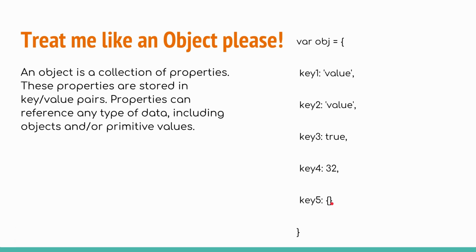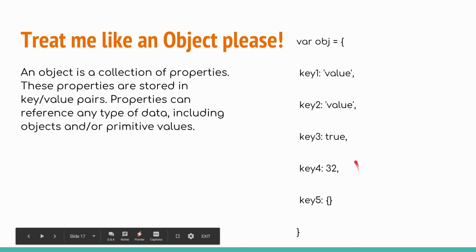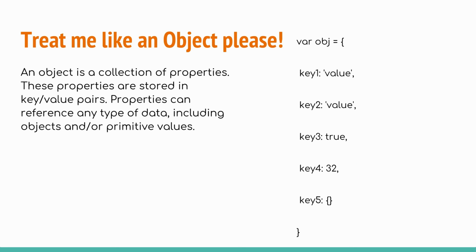Now these keys are separated with the help of commas. You can access these values using the member access or dot operator. So say you want to access the value of key3, all you do is obj.key3 and it will return the value which is stored inside of the key3 property of the obj object, that is true.